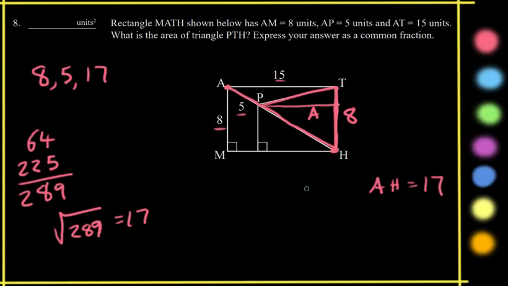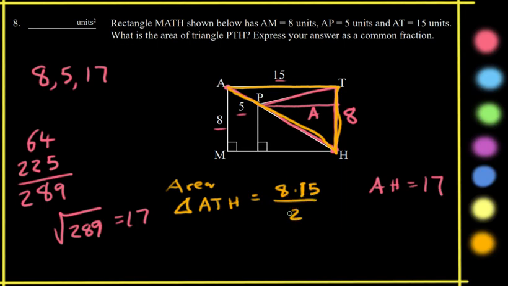Now, I want to point out that you've got two triangles here. One of them is this PTH, and another one is ATH. And those two triangles have the same exact base. They're both 8, but they have different heights, right? So triangle ATH, let's say the area here, is going to be 8 times 15 divided by 2, right?